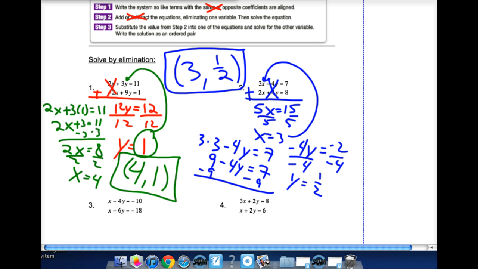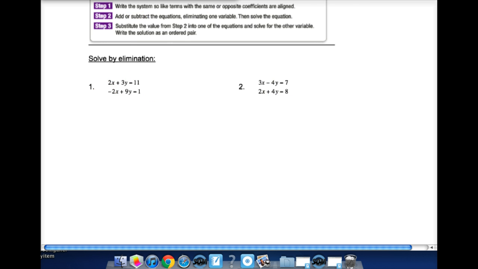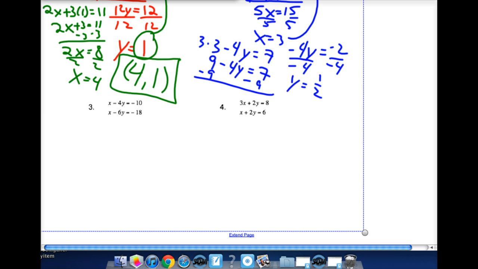Elimination. Okay, this next one, we don't have the opposite amount of x's or y's. Even though the coefficients of the x's are both 1, they're not the opposite of each other. So you guys know the answer to this question. What could you do to one of the equations to make the opposite amount of the other one?